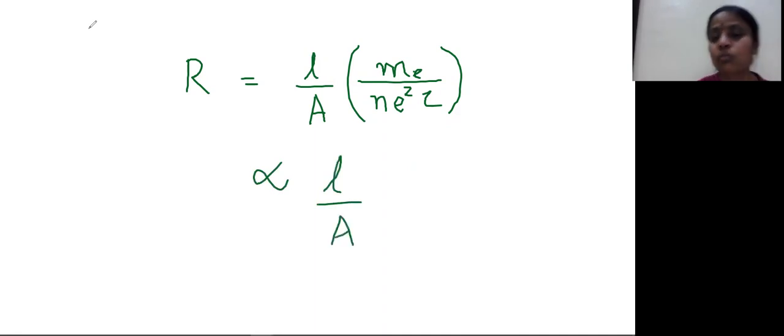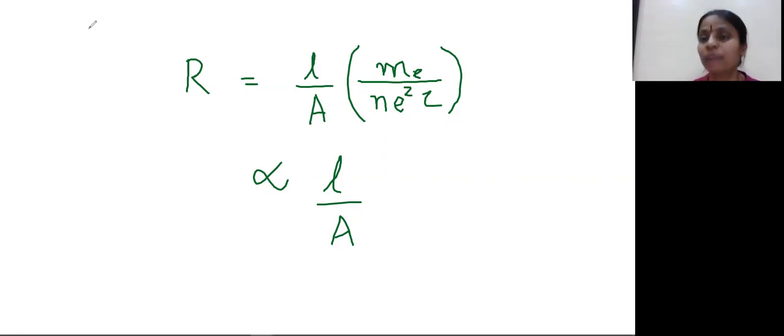This again is what you have been taught in your lower classes, that resistance is going to be proportional to the length and inversely proportional to the area of cross section. But kindly look at the quantities in the bracket. You have N, which is the charge density, which is dependent on the material of the conductor.